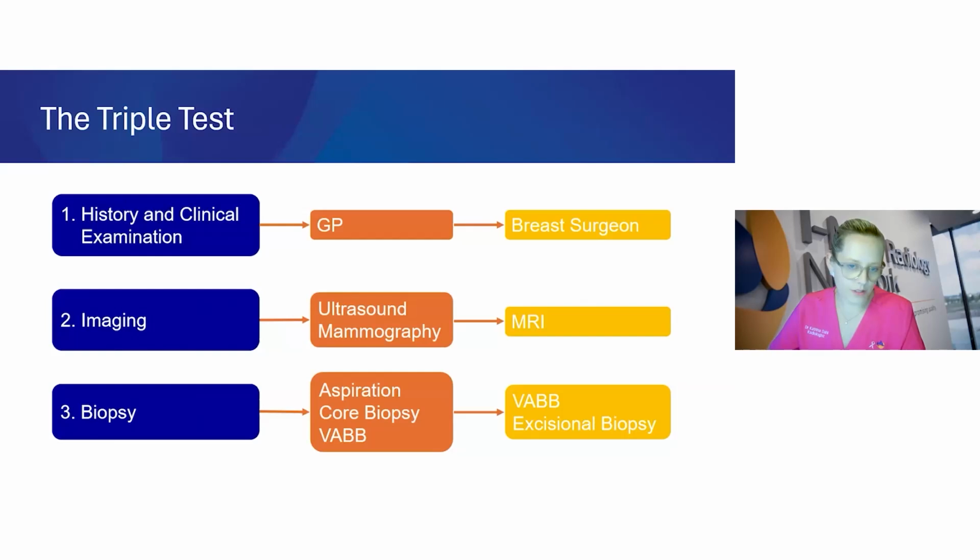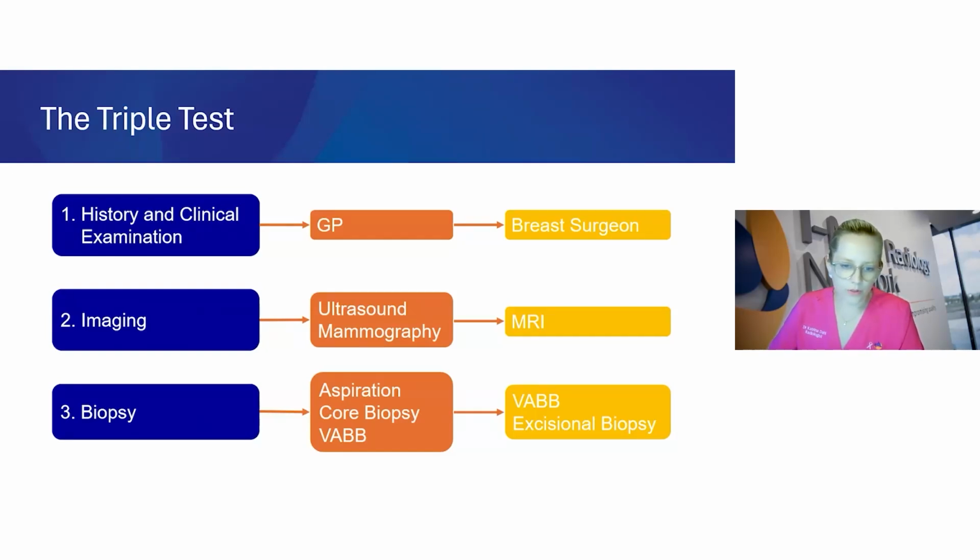In our circumstances, the first presentation is a clinical symptom to the general practitioner. The front line or first line of investigation on our side is always ultrasound and mammography. Then the easiest biopsies to perform are aspiration, core biopsy, and in some centres, vacuum assisted breast biopsy.